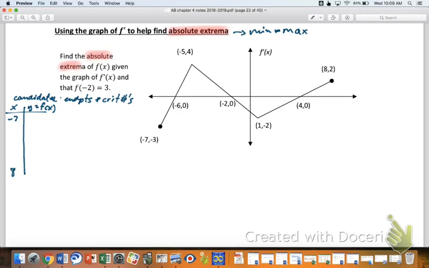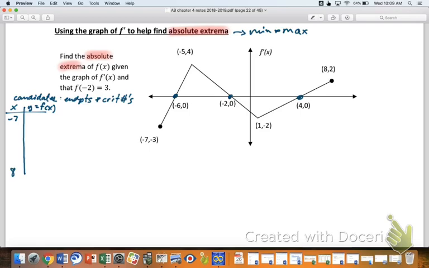Okay, critical points, you said. Critical points of f are where what is happening? Do you see any places where f prime is 0? -6 and 4, right? So these 3 places are where f prime is 0.